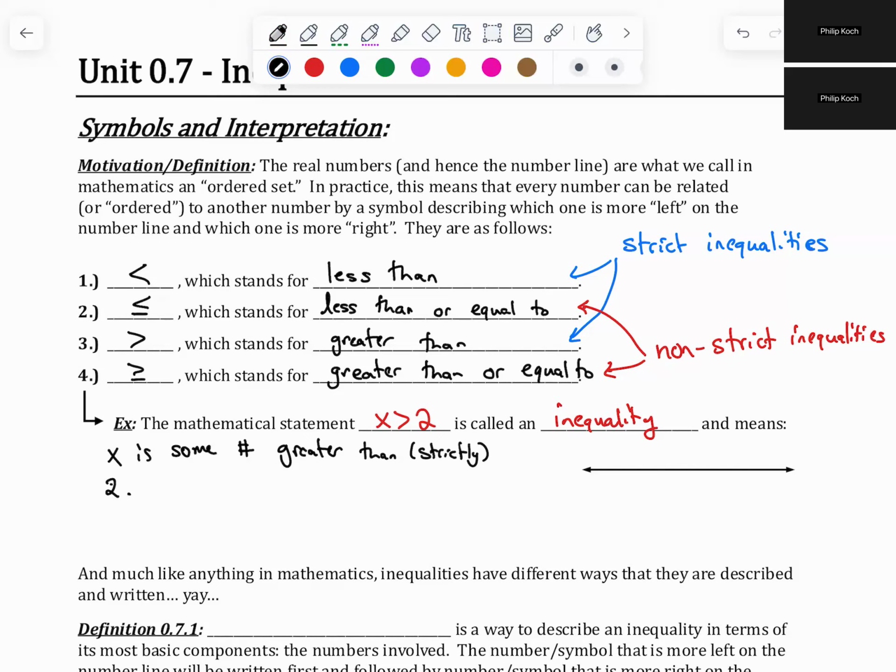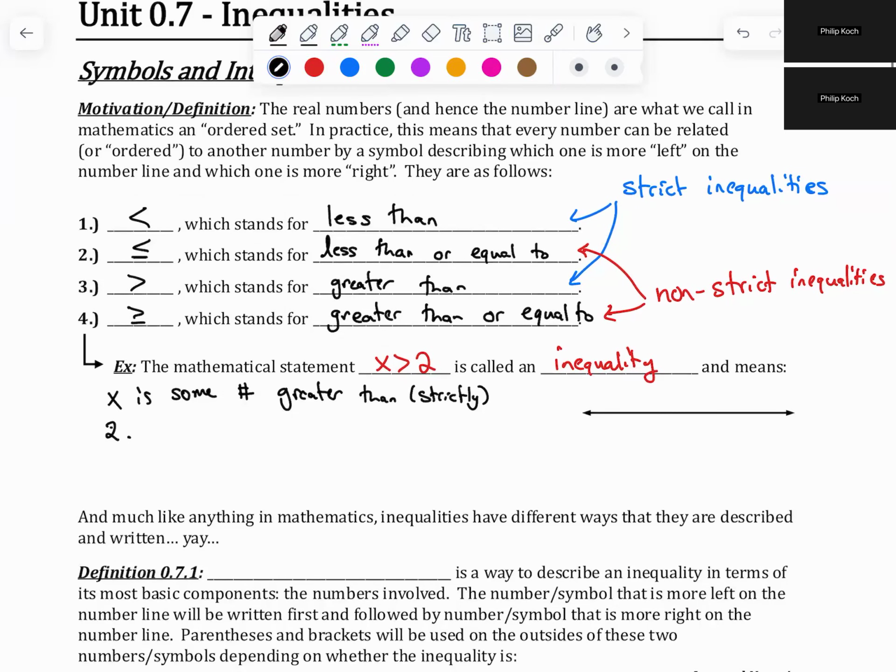If I say x is greater than 2, that means x is just some number that is greater than 2. x could be 7, could be 5 billion, could be 3,000, or 2.000000001. Any of those numbers would work.